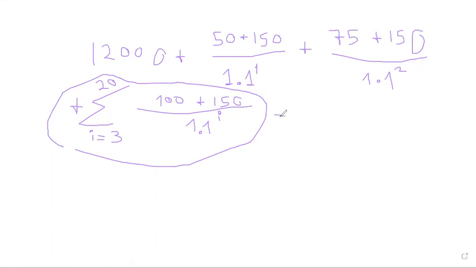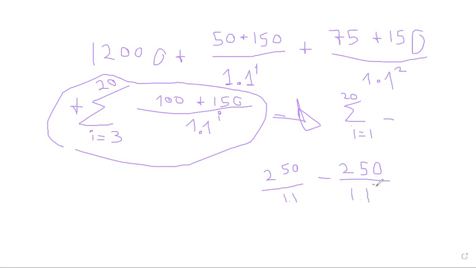I can decompose this term into the summation from 1 to 20 that I can calculate, but I should subtract from it minus 250 over 1.1 for the first year, and also minus 250 for year 2, because they are not included in the summation. I just want the summation from 3 to 20. So I just have to subtract 250 over 1.1 and 250 over 1.1 square.